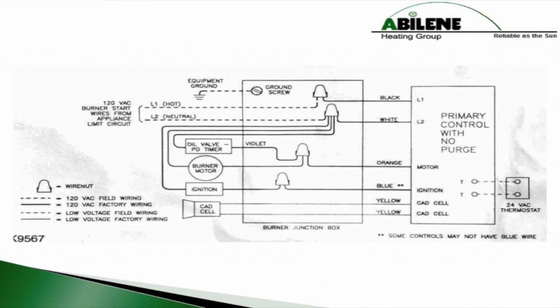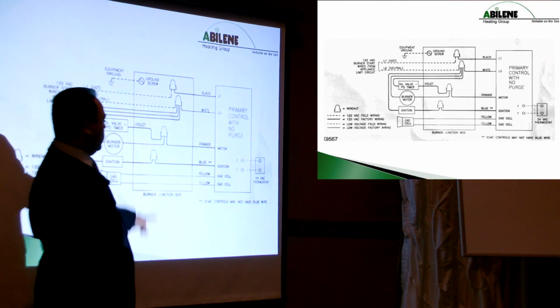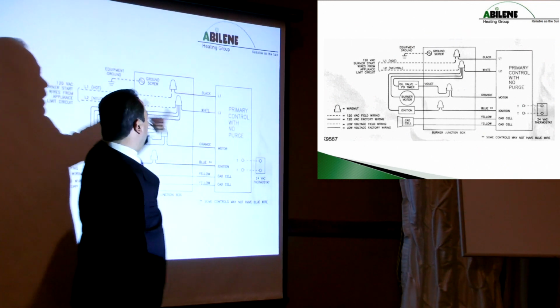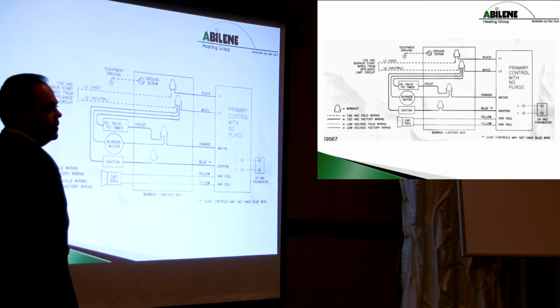Thermostat is made, then it goes through its ignition. Make sure that's the CAD cell, that's the scanner, looking for a flame. It goes through its process to fire the burner, as long as everything is okay. But I need that 110 volts to turn this on, right?